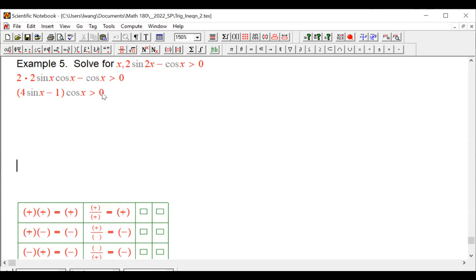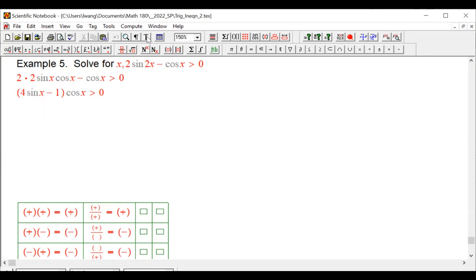So we want to identify the points where the function changes sign. Okay, when does the cosine x change sign? When does sine x change sign? When does 4 times sine x minus 1 change sign? Right? So we need to do that.